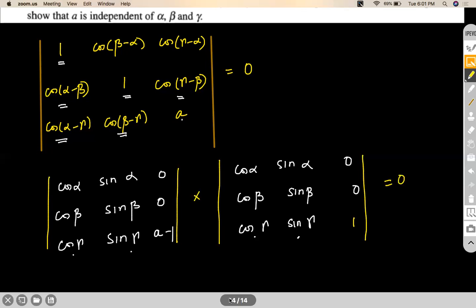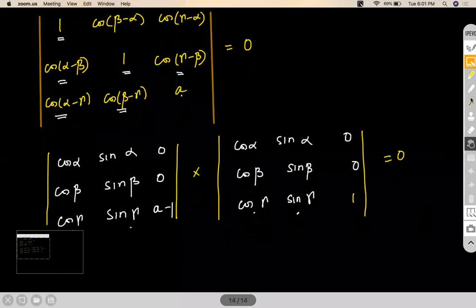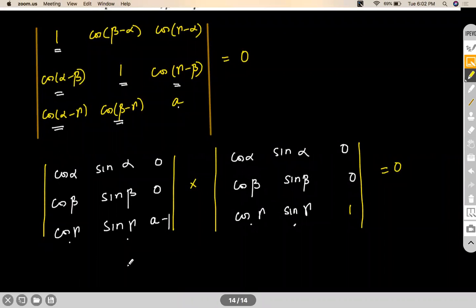Can I justify that this particular determinant can be expressed as a product of these two determinants? Check, verify, then only we'll move forward.